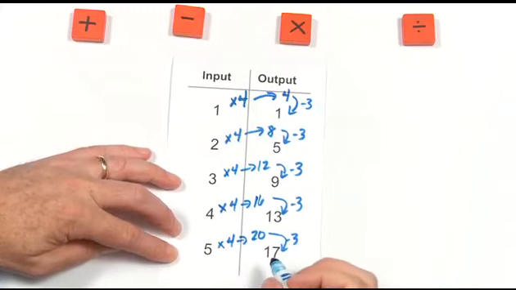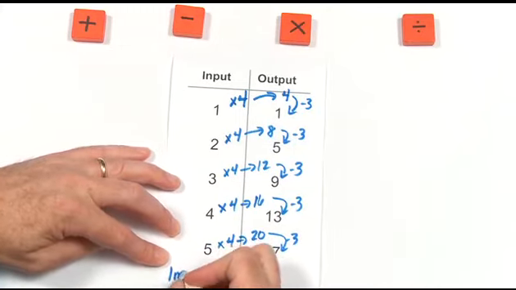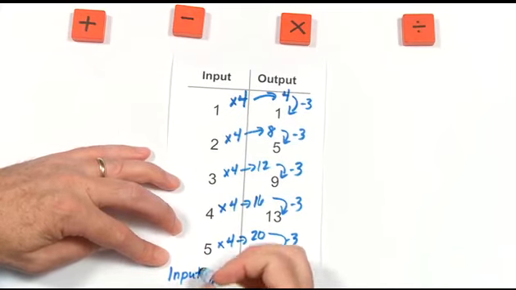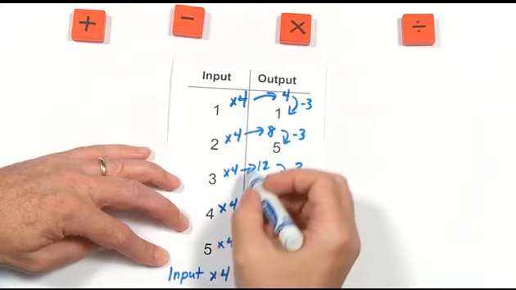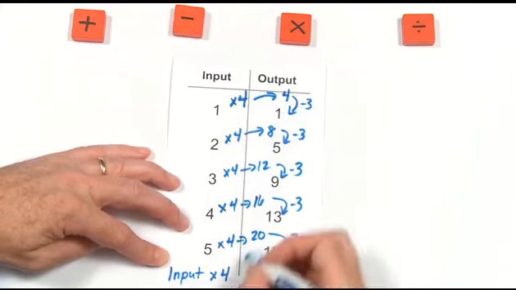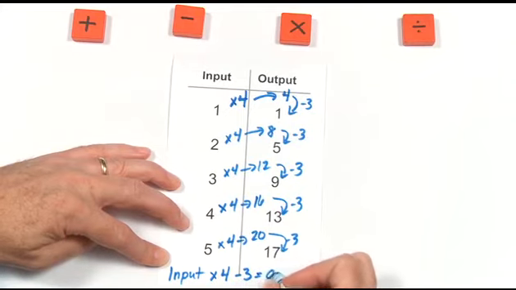Look at that. Now I know my pattern rule. If I take my input number and I times it by 4, all the way along, and then subtract 3, always, always, I end up with my output number.